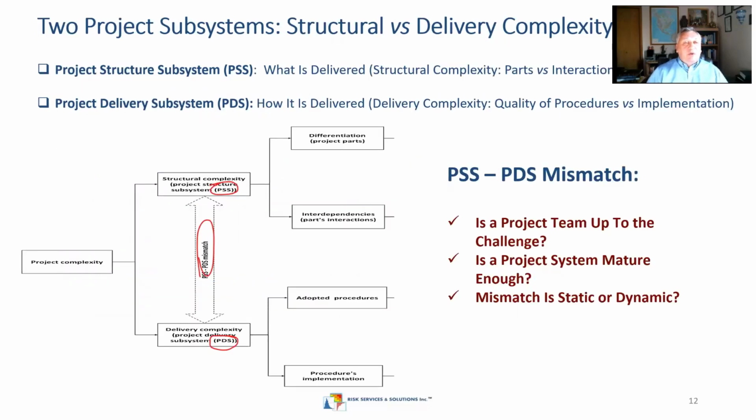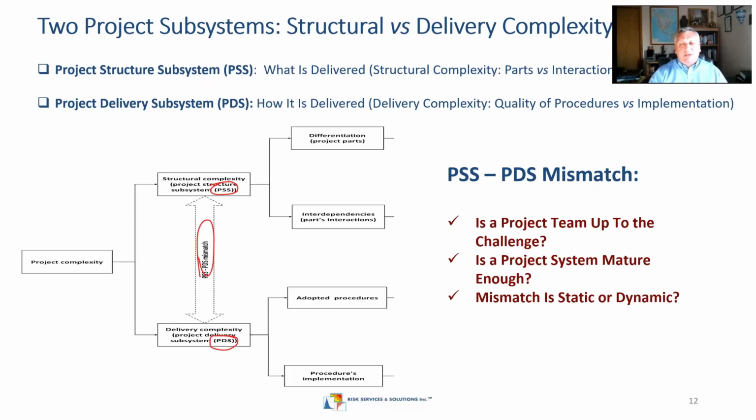So now we need to talk about 2 subsystems of any capital project. It's about structural and delivery complexity. The first subsystem is the project structure subsystem. Actually, what should be delivered? Parts, again, what kind of packages we have, interactions, location, and so on. And the second part is about the delivery subsystem, or PDS, as it's called in this presentation and in my book. It's about quality of procedures and consistency of their implementation, mostly.